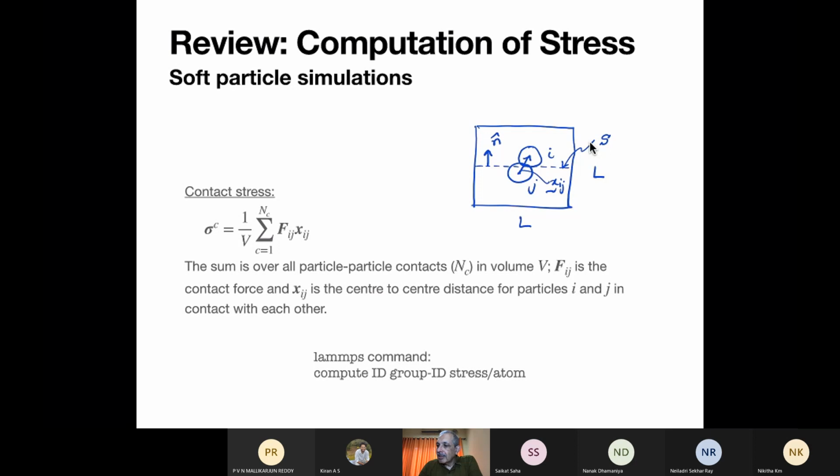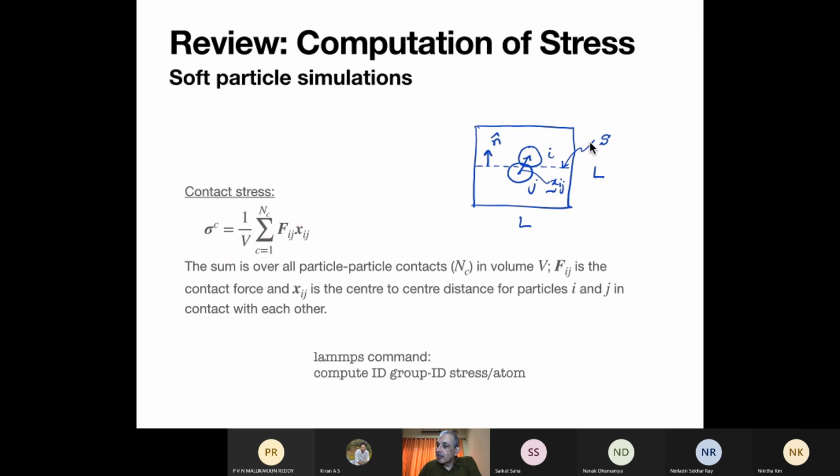And if you remember, we had a simple derivation to just show that the stress is just given by the total of all the particles which cross this surface. And when we do the calculation, it just looks like this, which is Fij is the force between the particles, Xij is the distance between the centers of the particles, and V is the volume which you are considering.